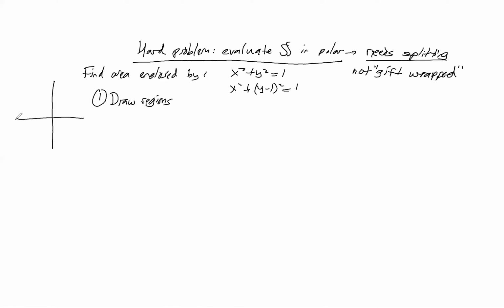Okay. One I can do pretty quickly, right? That's circle radius 1, or at least my approximation of it. And we can draw a shifted circle, shifted up by 1.